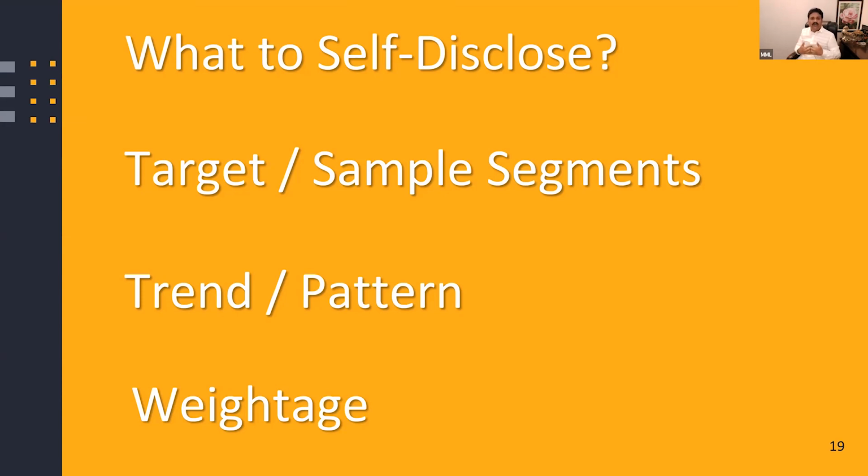And once you get the feedback, you need to understand the trend or the pattern. For example, if there is any extreme one-off opinion on either side, you have to remove it.